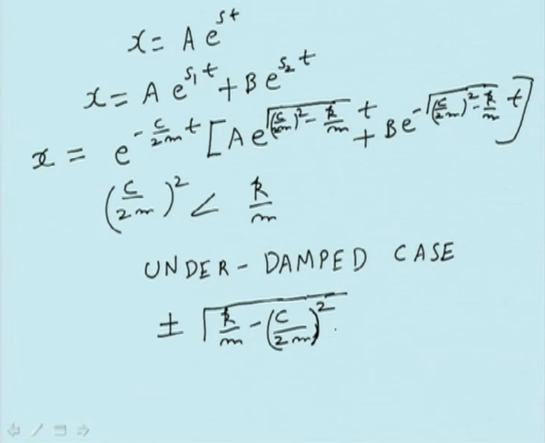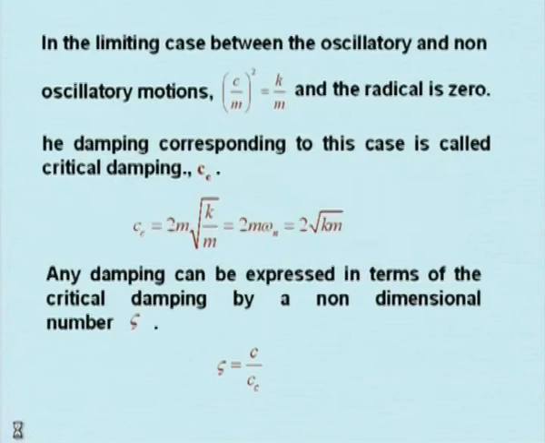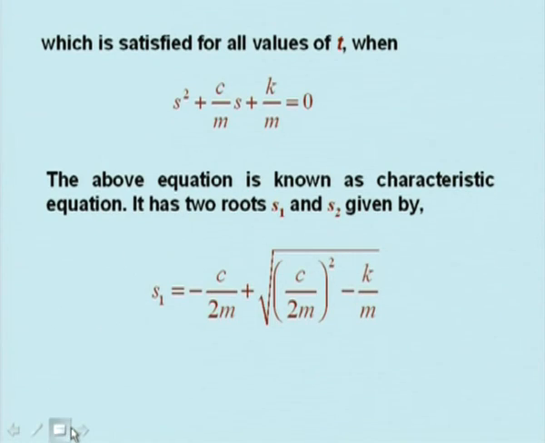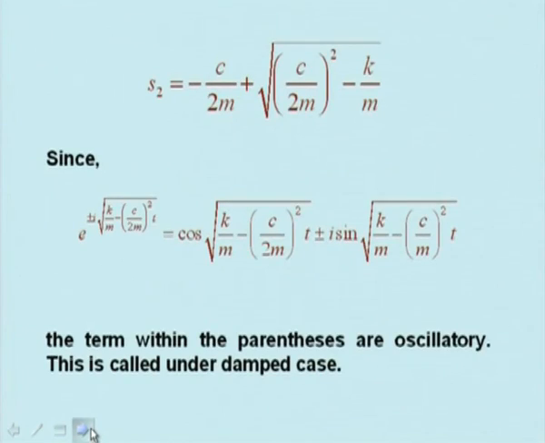Now in this case you have got s1 and s2 as this. Consider e to the power plus minus i under root (k by m minus (c by 2m) square) t.